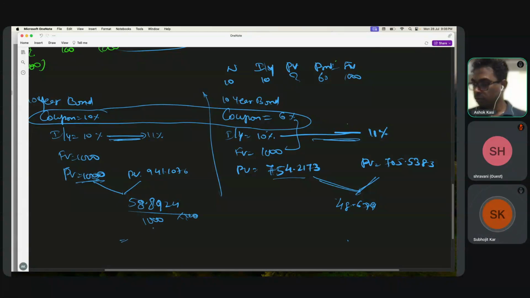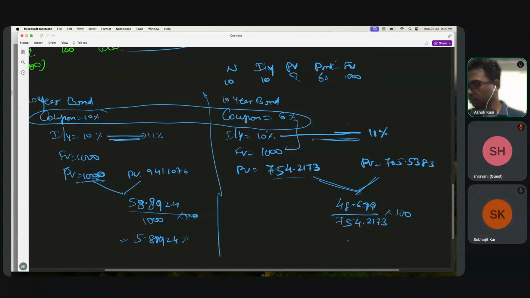So that comes to 5.88 percentage, correct? 5.8892 percentage. And divided by 754.2173, how much is this coming to? 6.4542%.